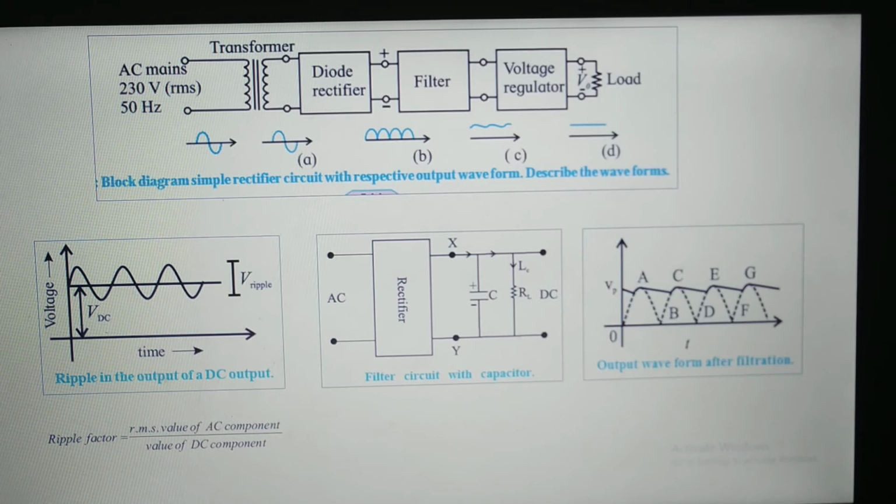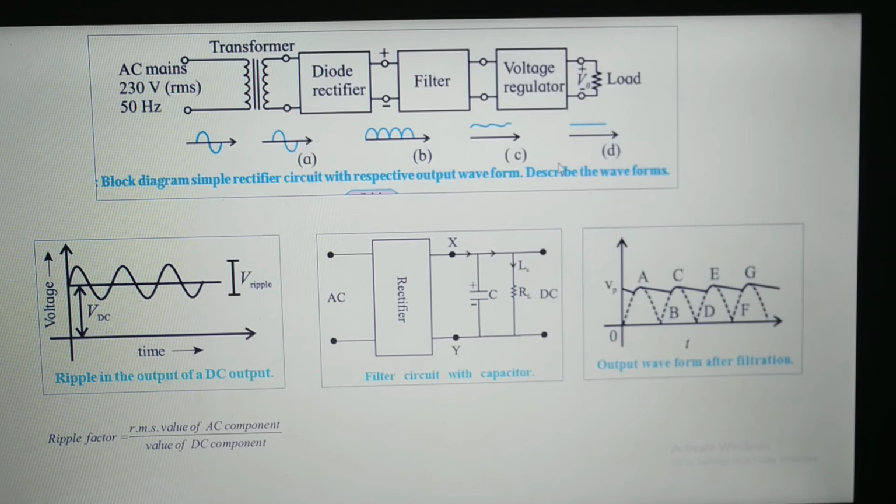Unregulated in the sense that the AC component is not there in this, but the current is unregulated. Sometimes we will get a low value, sometimes moderate, and sometimes very high. So we want to regulate this value in order to prevent our electronic devices from damage. Then we have to apply this waveform to a voltage regulator in order to get a pure DC output.